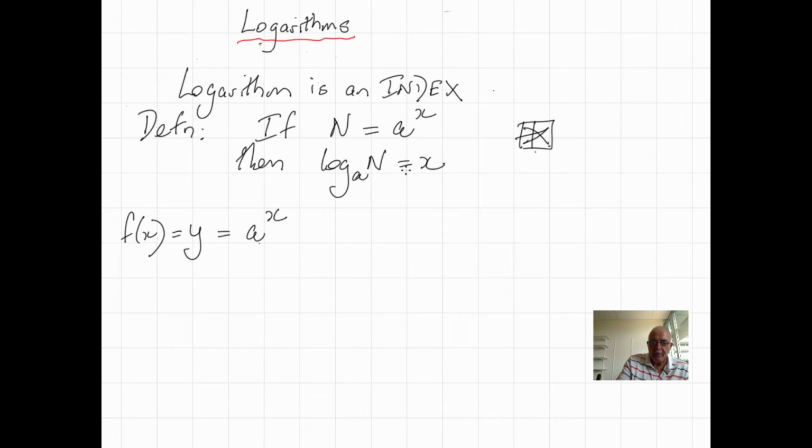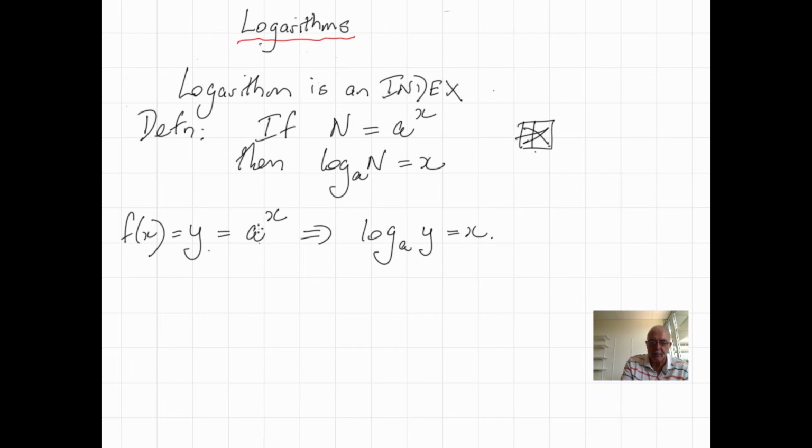So from our definition up there, what we can say is that the log of y to base a is equal to x. Now, if we want to work out what the inverse of an exponential function is, that will be our first step.